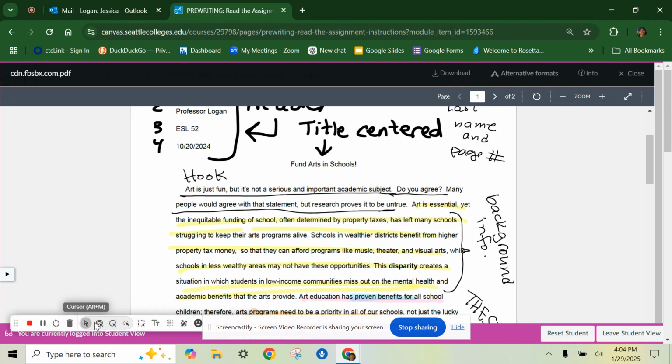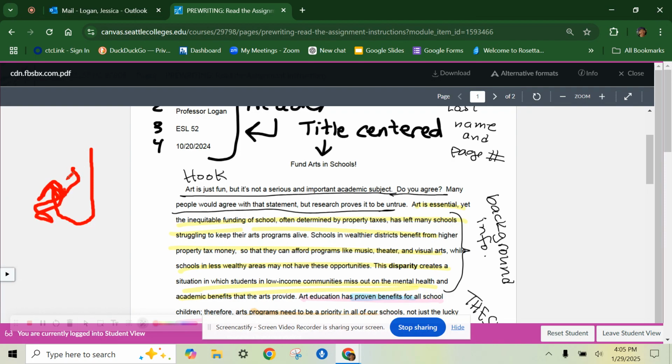When we say a hook in writing, what we mean is an interesting opening sentence. A hook actually is this type of thing. If I want to catch a fish, I might put something that the fish finds interesting or delicious on my hook.